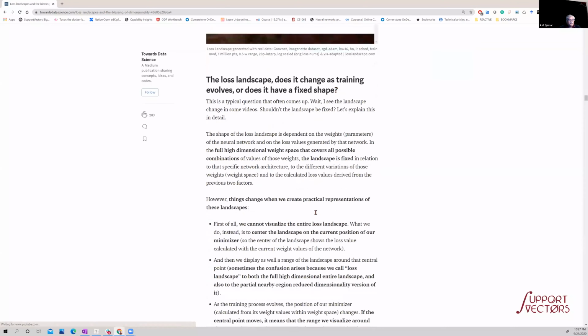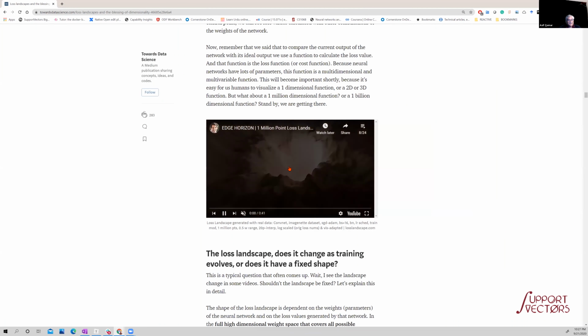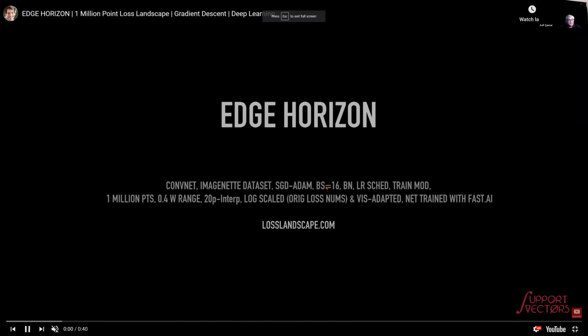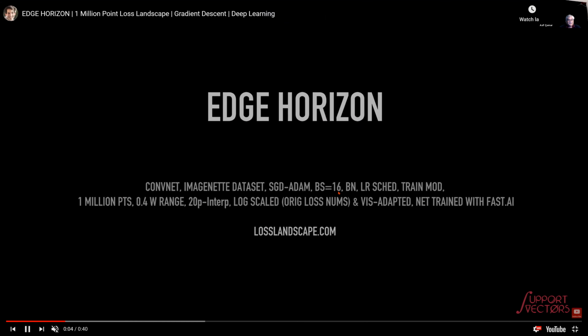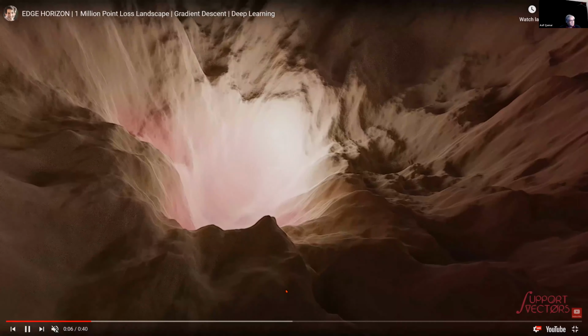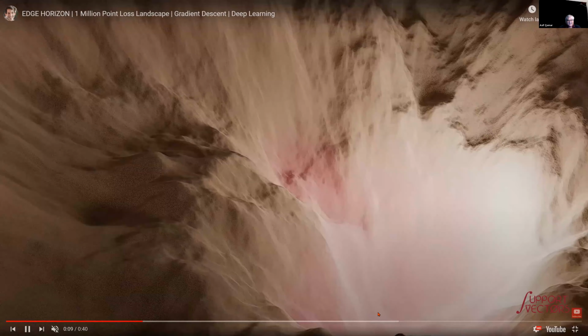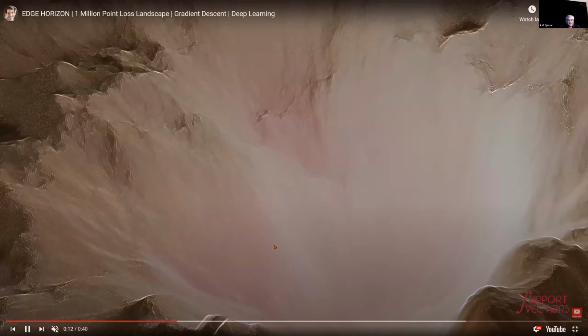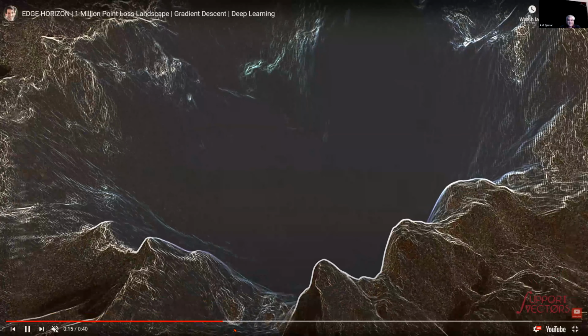Now, there are excellent visualizations. I would like to show you this visualization. So it is the same thing. Do you see, guys, it's looking into the absolute minima, and it is showing you.